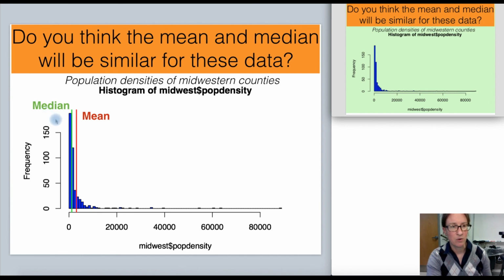So if your data look like this, it's going to start to matter more what measure of the center you wind up reporting. And I'll talk more about that in upcoming videos.